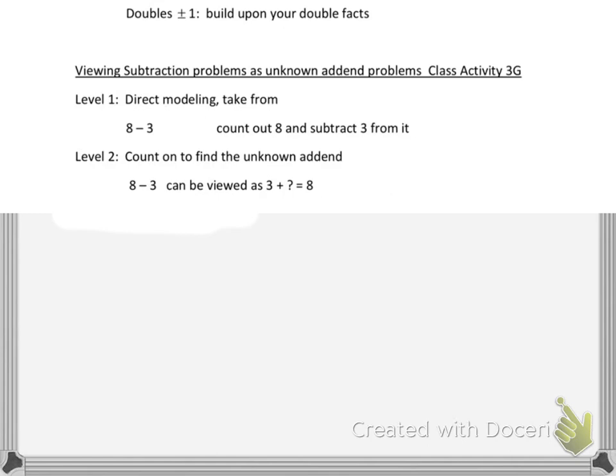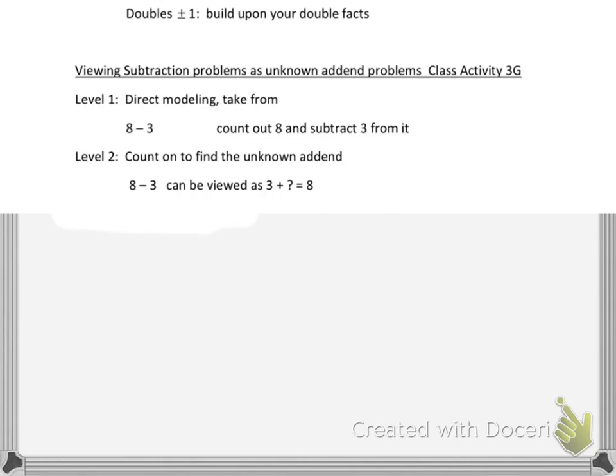So on this page, we're just going to do the first 2 levels of subtraction problems. The direct modeling approach is when they count out, for example, for this problem, 8 minus 3, you would count out 8 and then physically remove 3 from that 8 to give you 5. So that's just direct modeling.